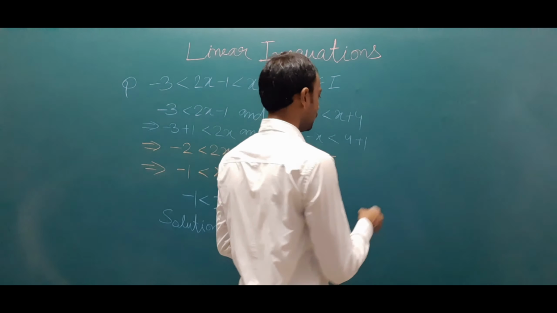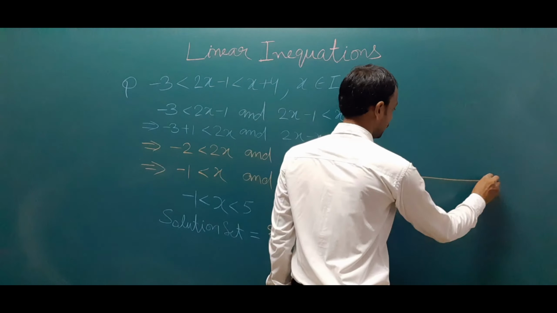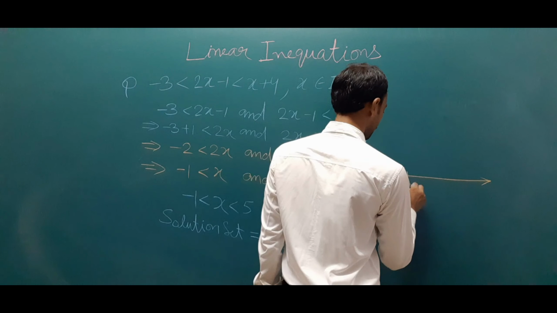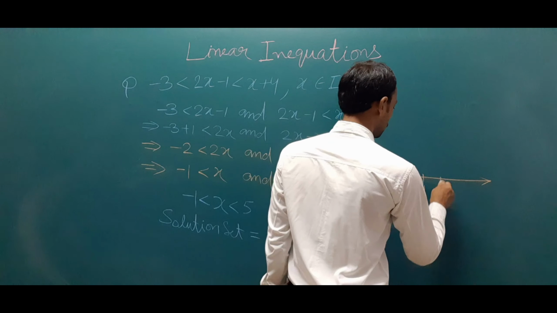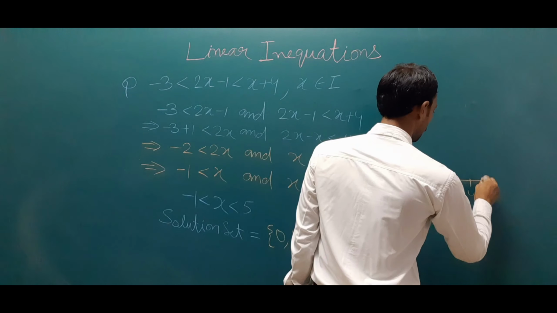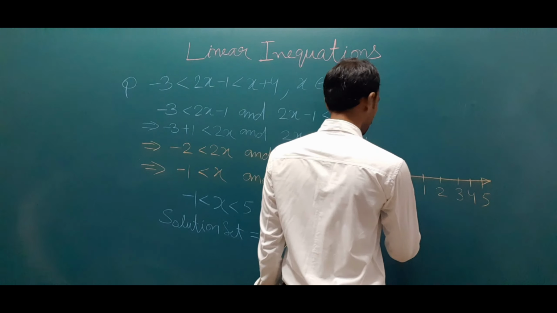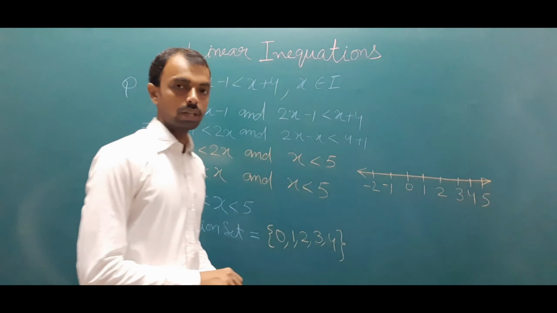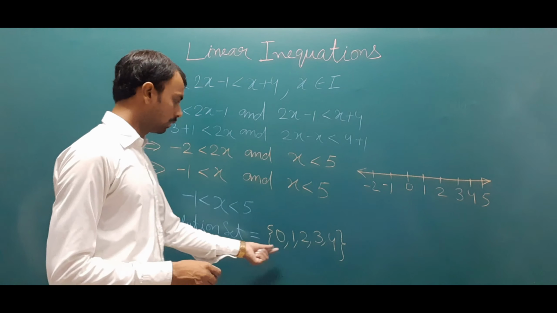So while representing on the number line, we'll represent it as, here it is 0, 1, 2, 3, 4, 5, and on the other side minus 1, minus 2, etc. Okay, now our solution is 0, 1, 2, 3, 4.